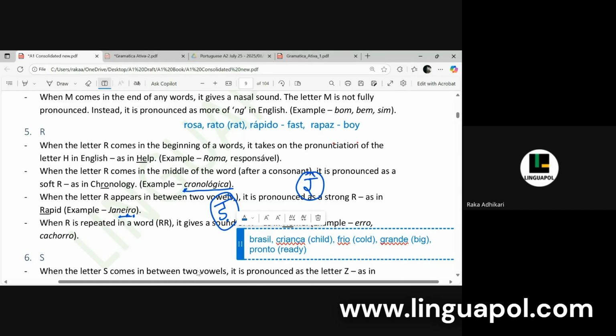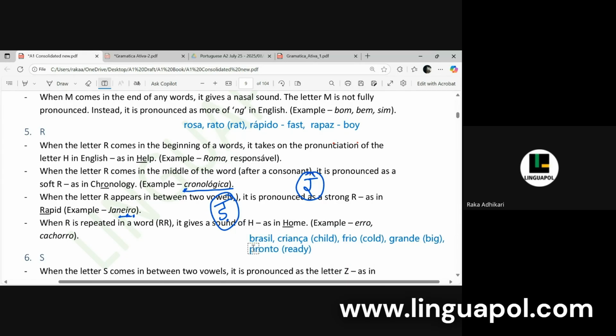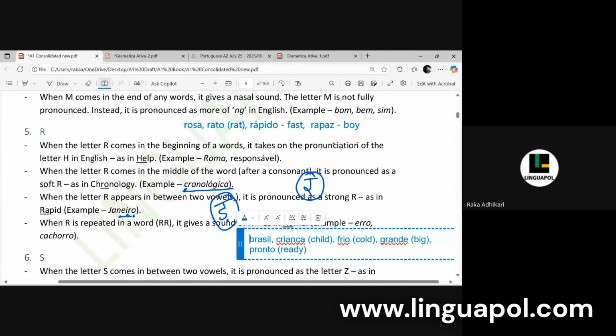In this example, we can see that the letter R is coming in between the letters I and O, both of which are vowels. So in that case, we will have to give it a strong sound, a tongue roll R. Okay. So let's see more examples like this.